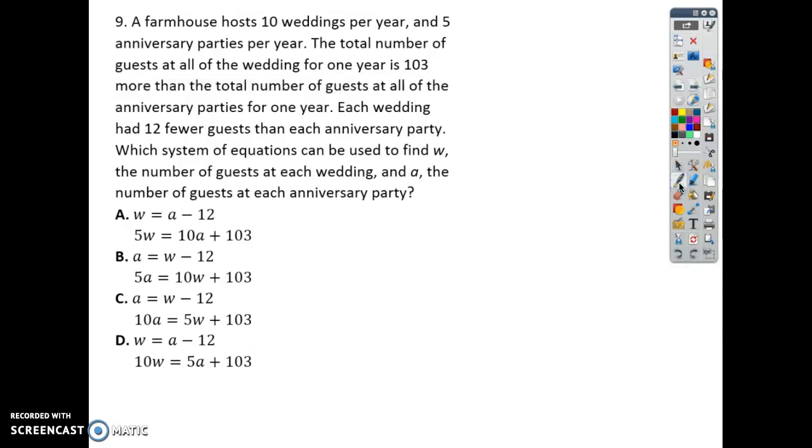This one is going to be more process of elimination than anything, just because it's really wordy and really confusing. So a farmhouse hosts 10 weddings per year and 5 anniversaries. So I'm going to say 10W because it's 10 weddings and 5 A's because it's 5 anniversaries.